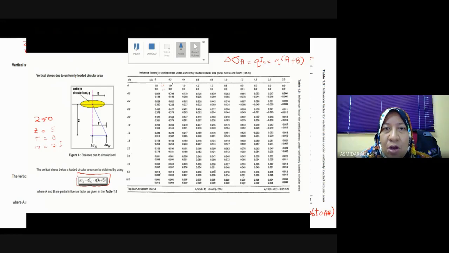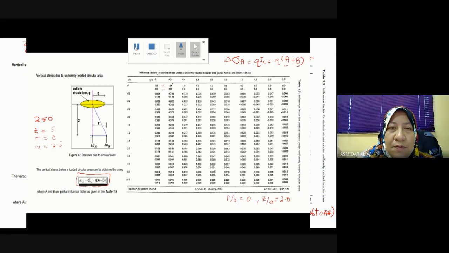The value at the top refers to A and the value at the bottom refers to B. So whatever you get from your calculation, based on example 8, your R over A is equal to 0, right? And then your Z over A, what do we get? 2. The next task is to find the value of A plus B using the table.